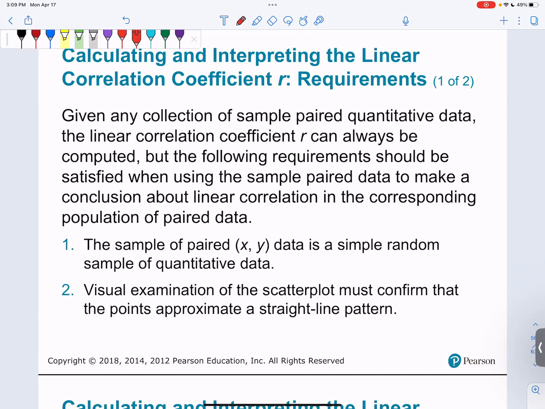So now, they say, okay, what if we have a collected sample of data, how can we find this one? The first thing, we should be using a simple random sample. So we cannot study the correlation between two variables with a biased sample, for example. And then the second thing, we do what? Scatter plot.